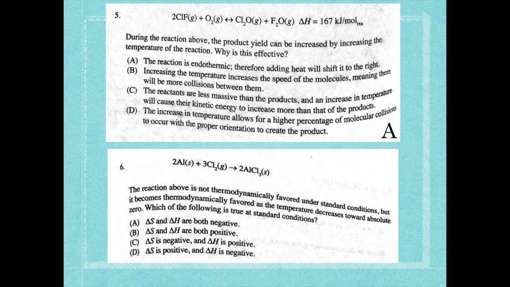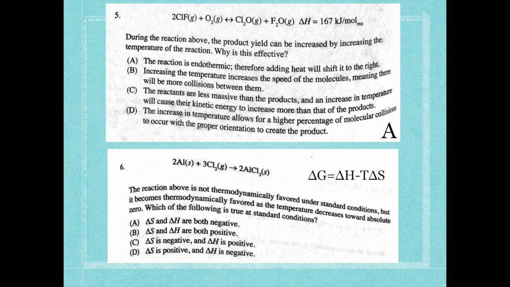In number 6, it gives you the reaction. It says the reaction above is not thermodynamically favored under standard conditions, but it becomes thermodynamically favored as the temperature decreases towards absolute 0. Which of the following is true at standard conditions? So once again, because I'm talking about a reaction being thermodynamically favored or not, I'm going to use my Gibbs free energy formula.